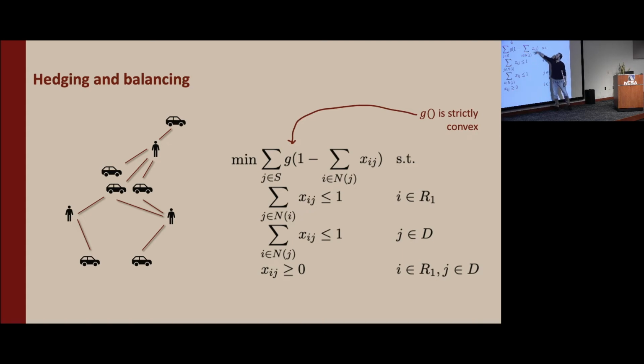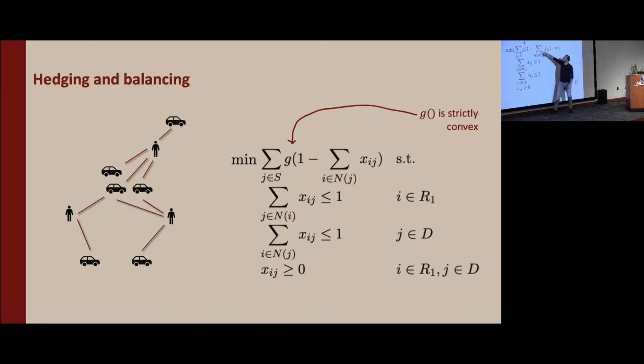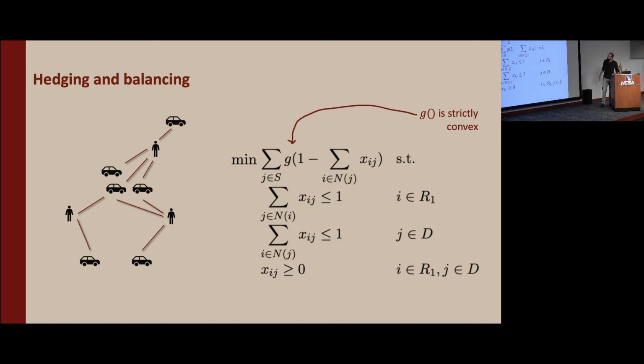We take a strictly convex function and we try to minimize the G of the probability that a car is available. It doesn't matter what function you use, as long as it's strictly convex, it will give you the same solution.